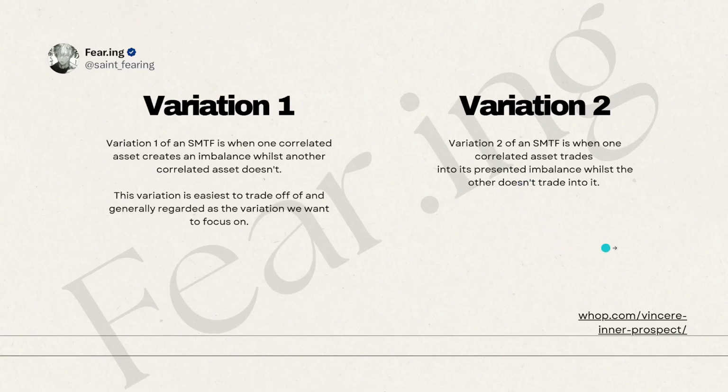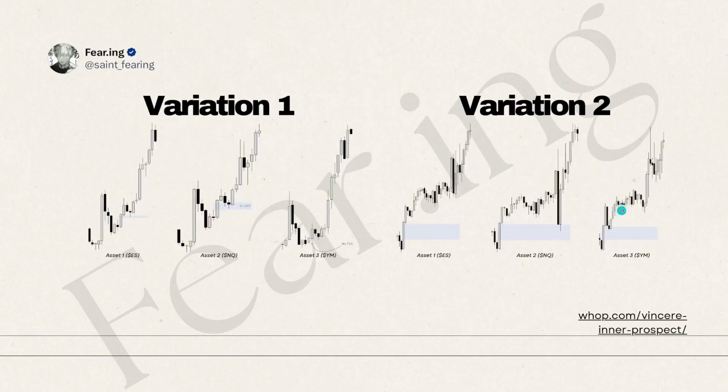So variation 2 of an SMTF is when one correlated asset trades into its presented imbalance while the others do not trade into it. That would be if all three indices form a fair value gap all at the same time, however, only NQ, such as here, and YM trade into it, but ES does not.